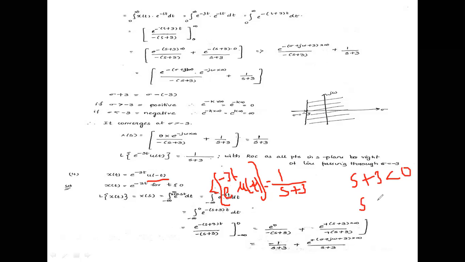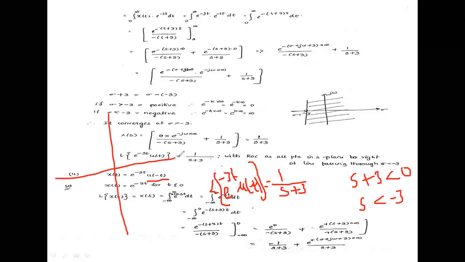In a similar fashion, consider e power minus 3t mu of minus t. The Laplace transformation is the same, 1 by s plus 3. But what is the ROC for mu of minus t? s plus 3 is less than 0, my dear students, so s is less than minus 3.